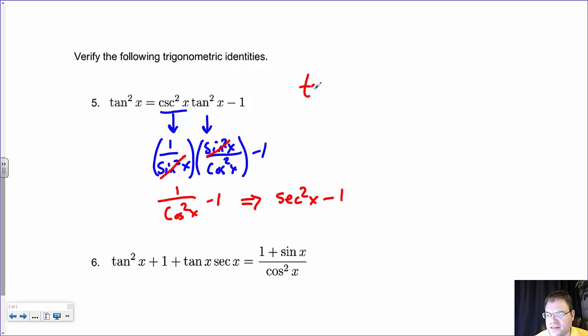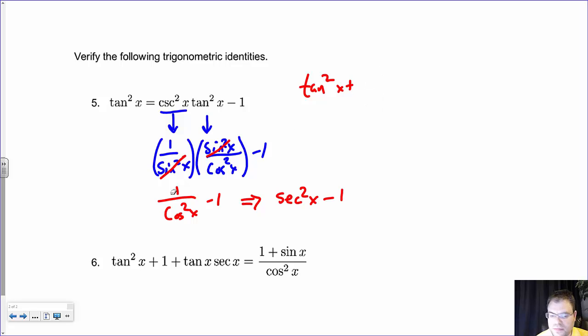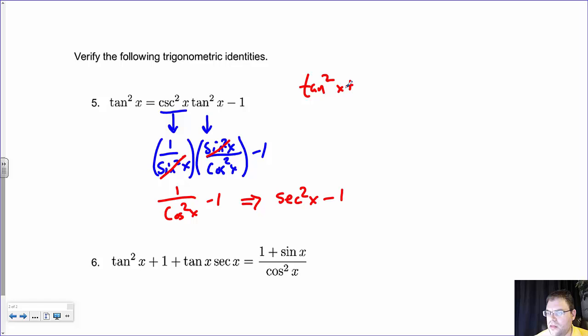But I know there's a trig identity that says tangent squared x plus 1. Oops, let's undo that. I always write too fast and make little mistakes here. So let's write that again. Plus 1 equals secant squared x. That is a Pythagorean identity that we have in our formula chart.